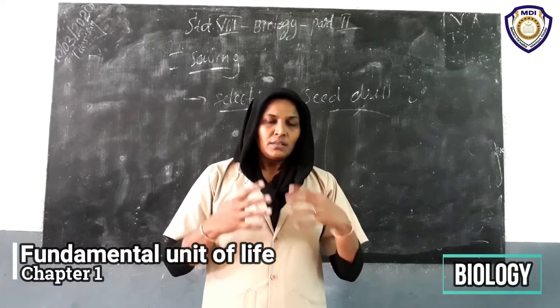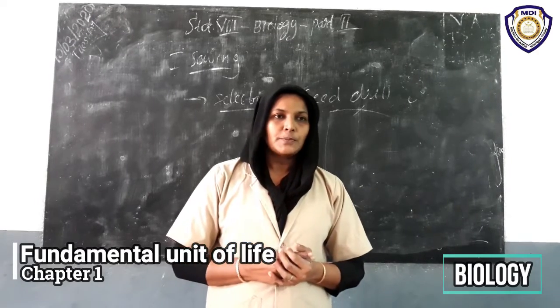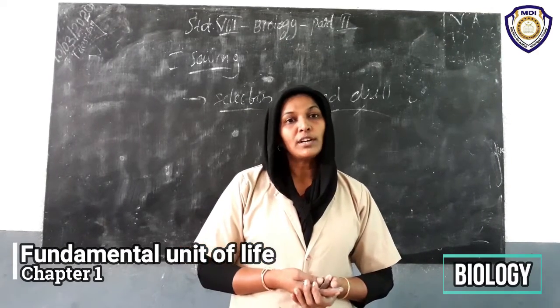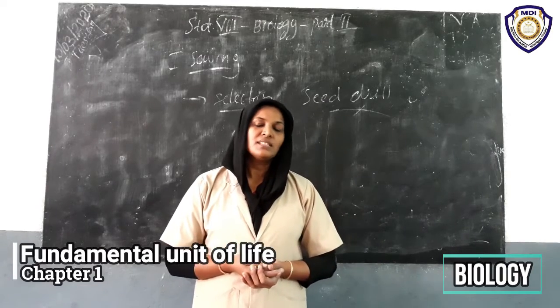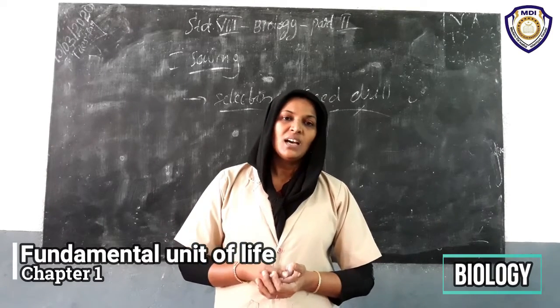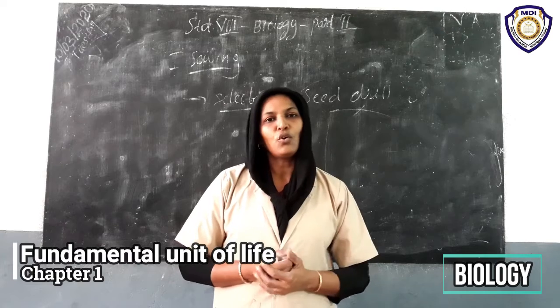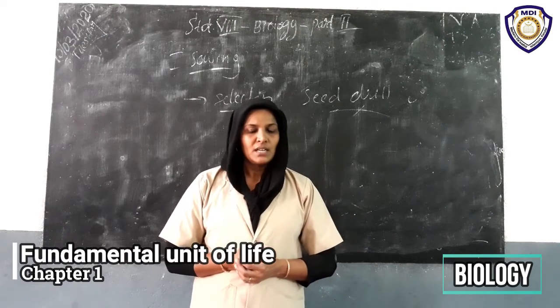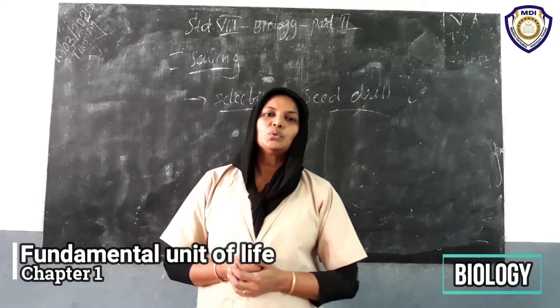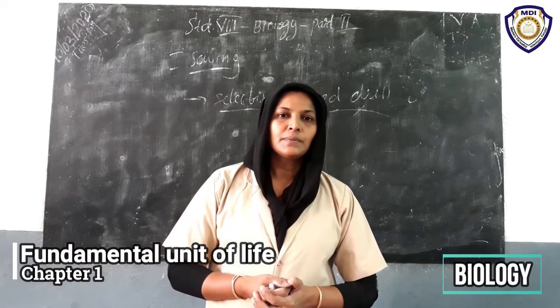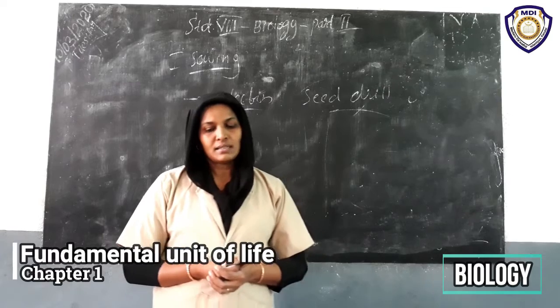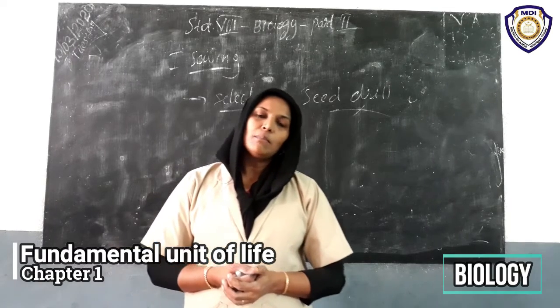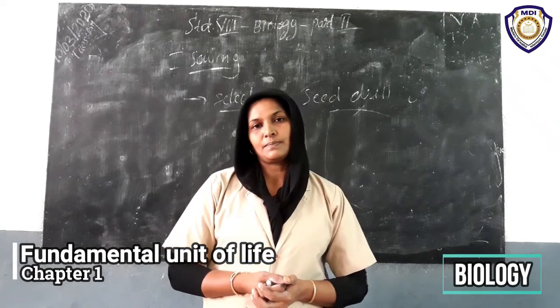So this also must be avoided by using a seed drill. The seed drill we are using prevents overcrowding of plants. Are you clear? Okay. So next we move to the third agricultural practice, that is adding manure and fertilizers.